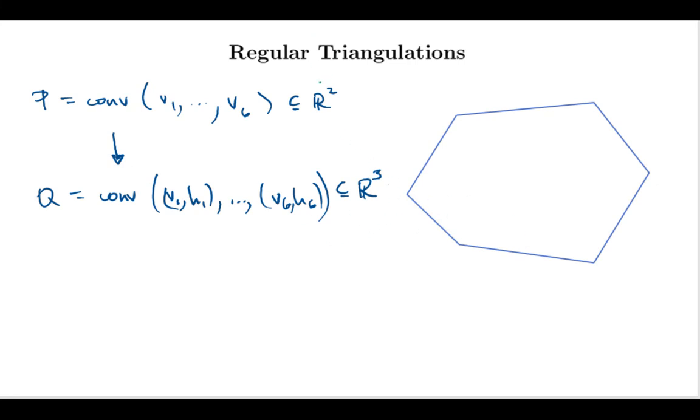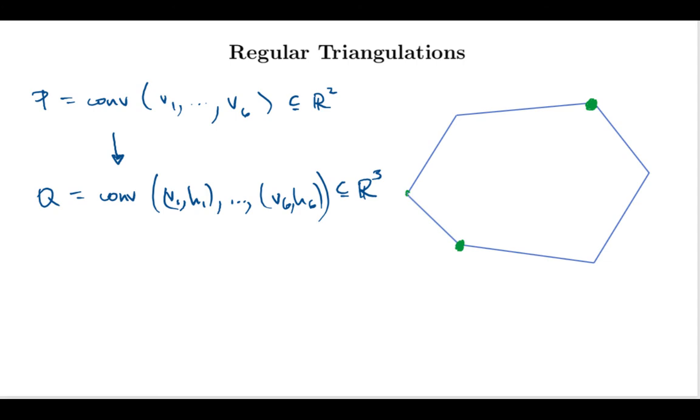Okay, let me do the following construction. I will leave these 2 vertices of my hexagon where they are, giving them height 0 if you want.